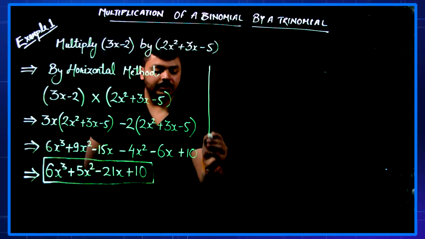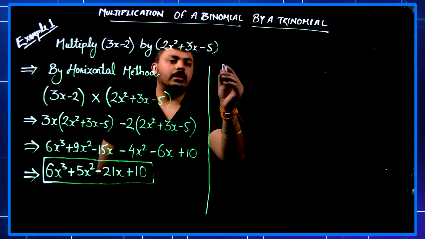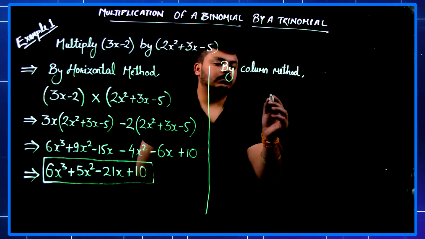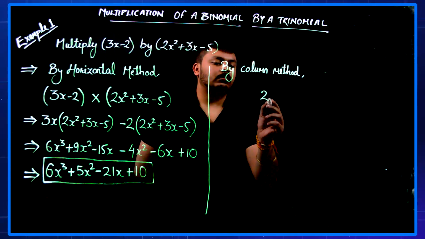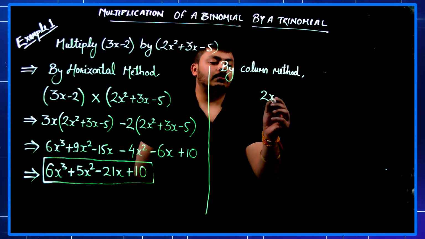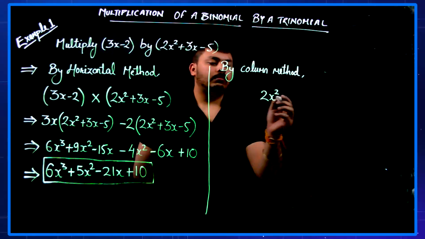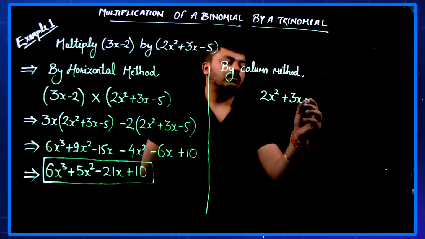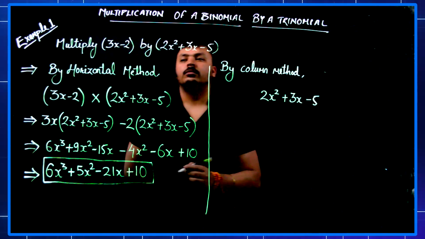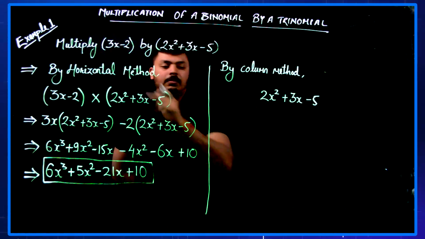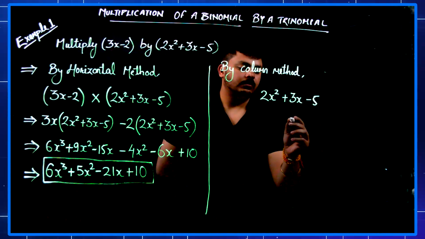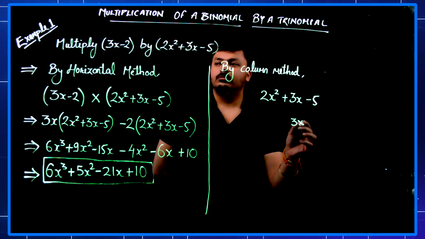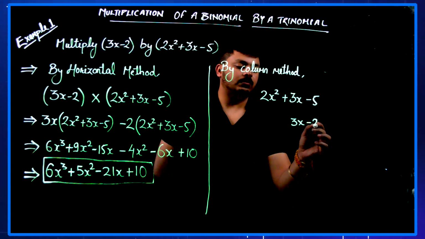Now we will see this by column method. So first we write our trinomial, 2x square plus 3x minus 5, and then our binomial, x minus 2.